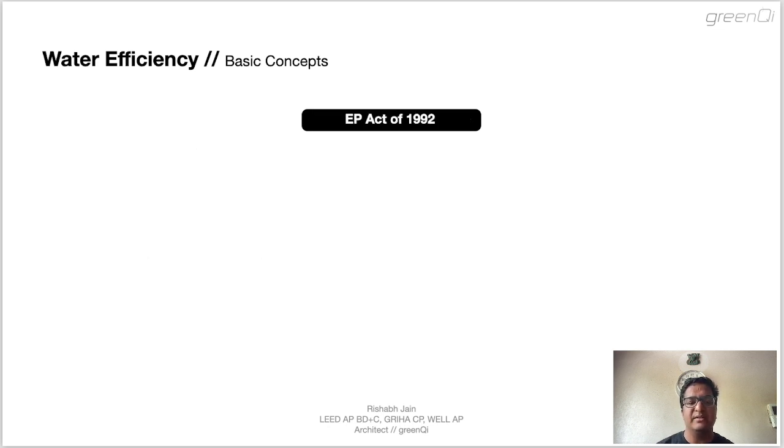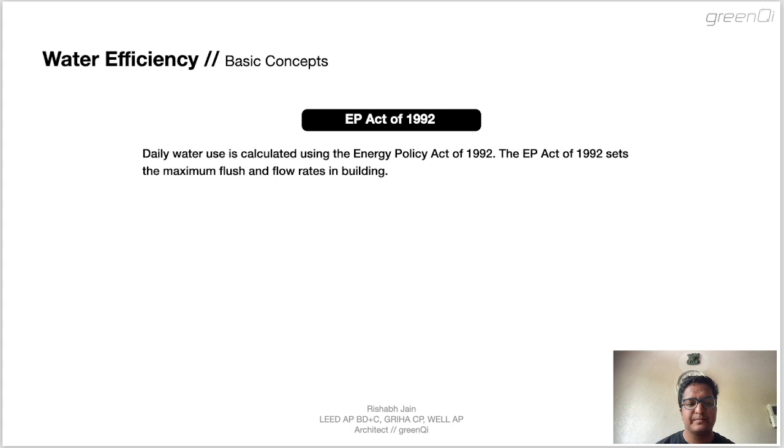Moving ahead with the second important topic, which is the EP Act of 1992. Daily water use is calculated using the Energy Policy Act of 1992. The EP Act of 1992 sets the maximum flush and flow rates in buildings. Since we have to calculate daily water use, we would also need the number of building occupants and their daily average fixture use.